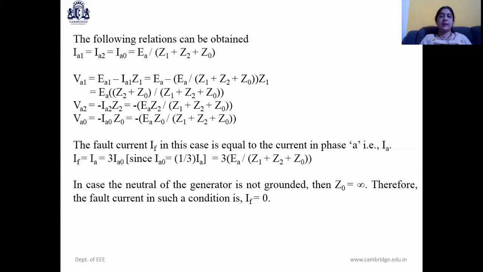The other case may be that it is not grounded through any reactance, but it is solidly grounded. Then the value of Zn will be equal to 0. Then the value of Z0 will be simply equal to the value of Zg0. But there is a scope for the fault current to flow. That means to say, whenever the synchronous generator neutral point is ungrounded, there is no possibility of fault current flowing through the circuit.